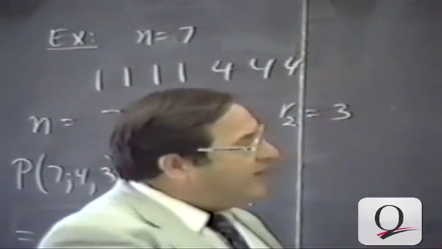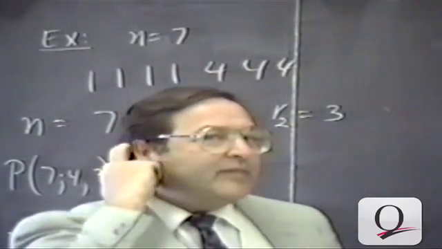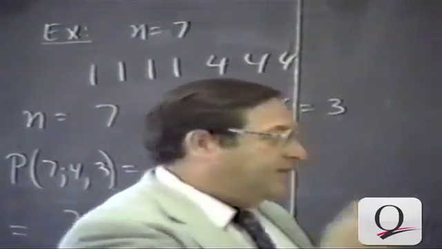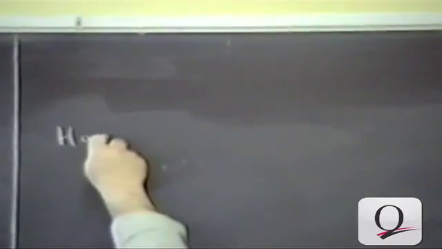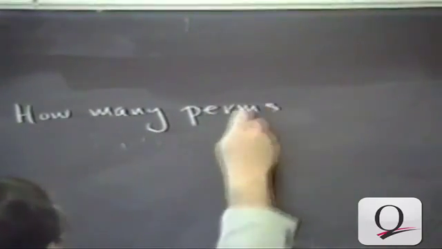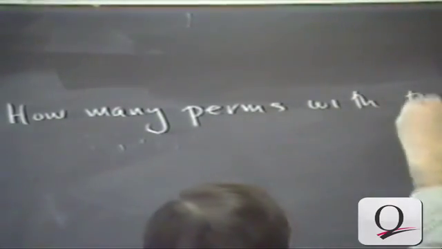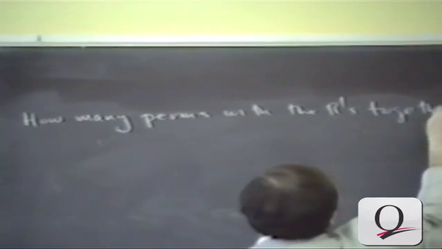Suppose that I wanted to allow everything to move, but I wanted to keep all the RCAs together. How many permutations do I have now? How many perms with the R's together?